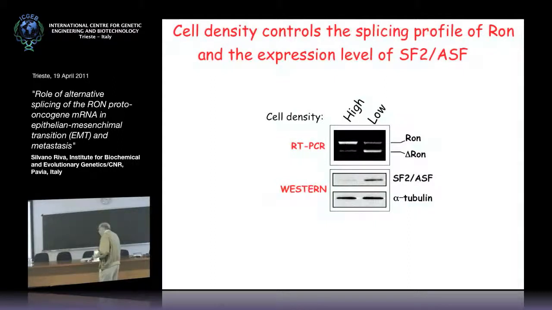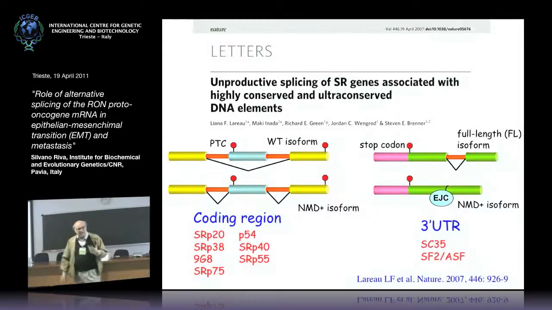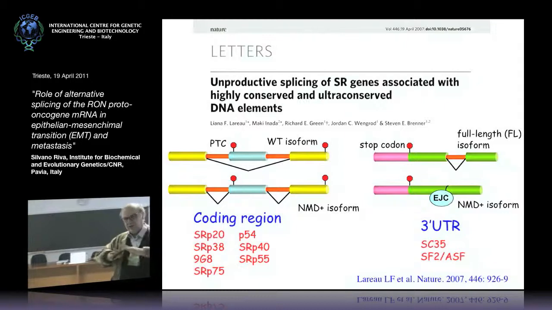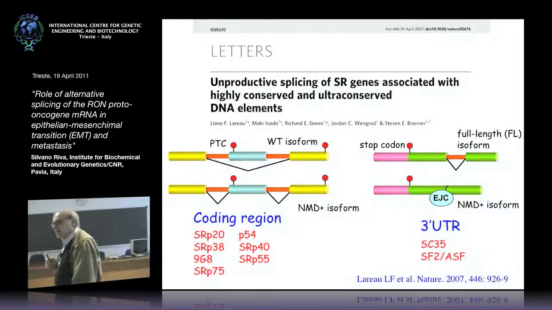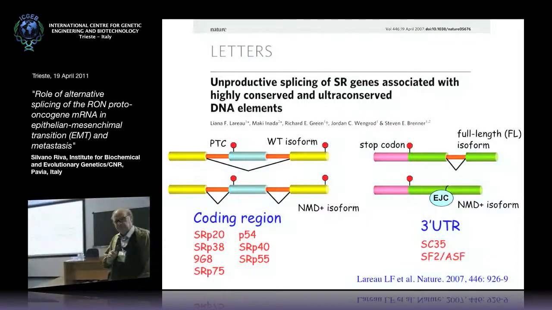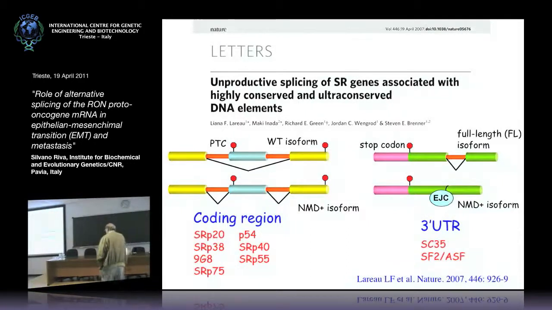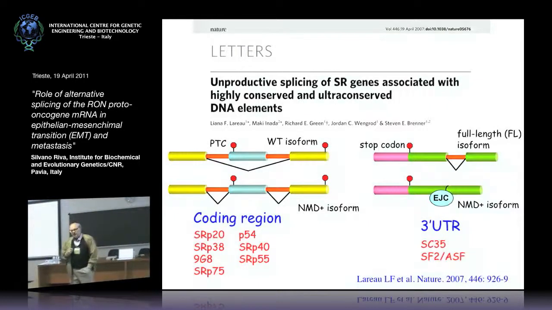Now, so SF2 is a key factor in regulating the splicing of this oncogene, which is important for the scattering property, for the invasiveness of the cells and so on. But what regulates SF2? And this is very interesting. And you will hear about it more from Lynn Marquardt, probably.